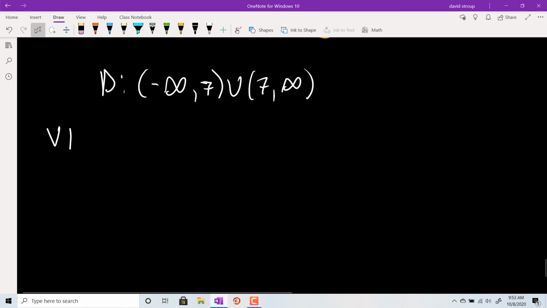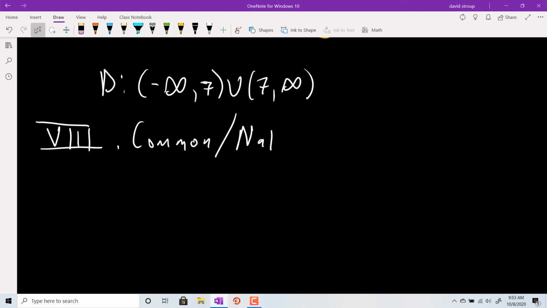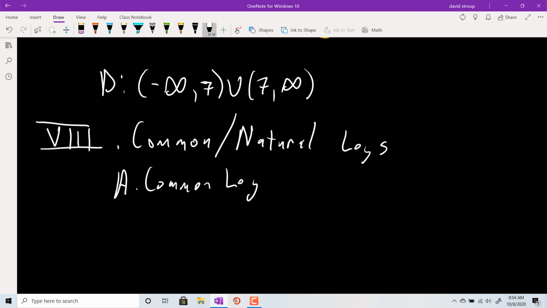We don't use every logarithm base in the universe. In particular, there are only two kinds of logarithms we really care about: the common and the natural logs. First, the common log, which is log base 10.